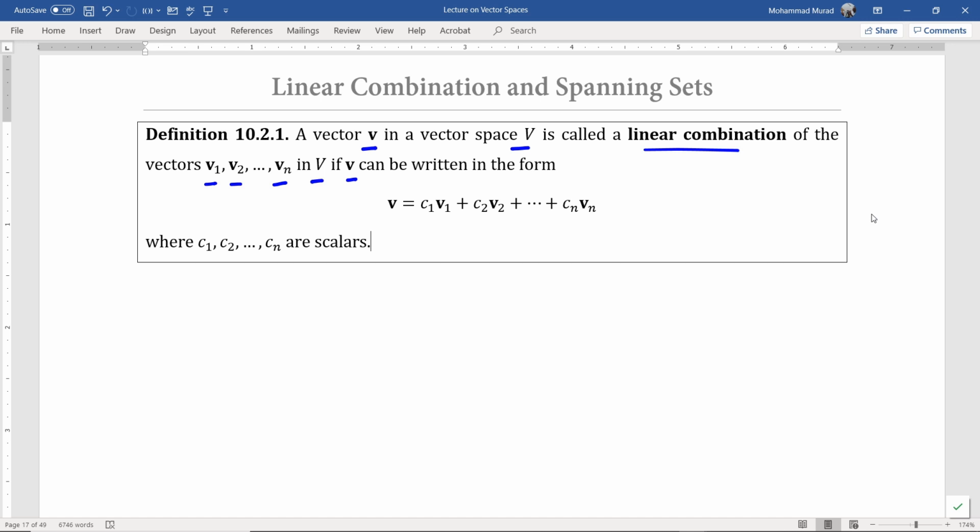So v is equal to c sub 1 times v sub 1 plus c sub 2 times v sub 2 plus all the way up to c sub n times v sub n, where these c's are some scalars.